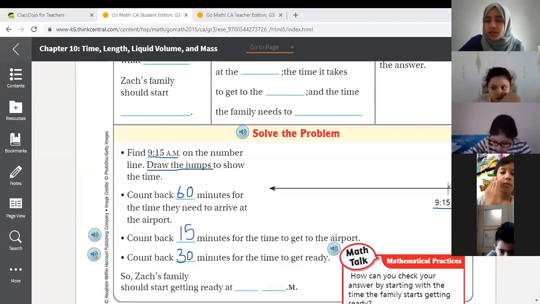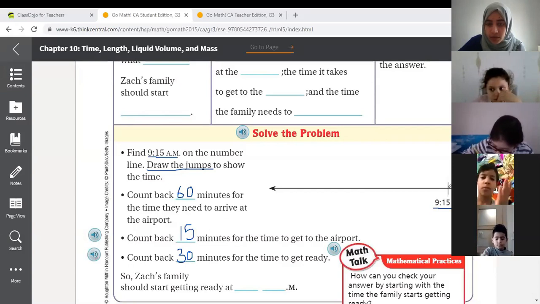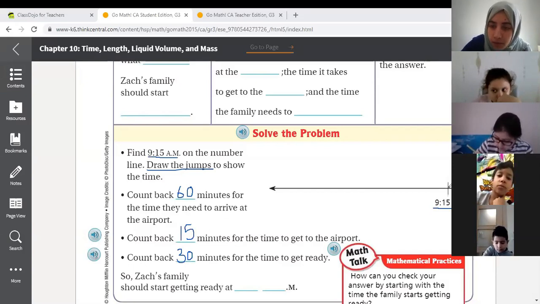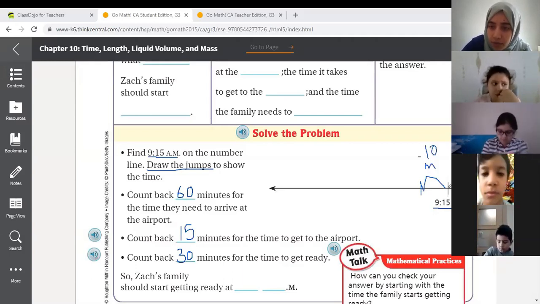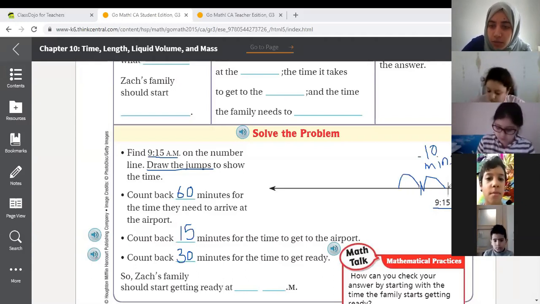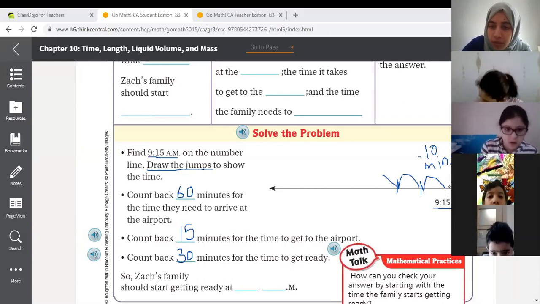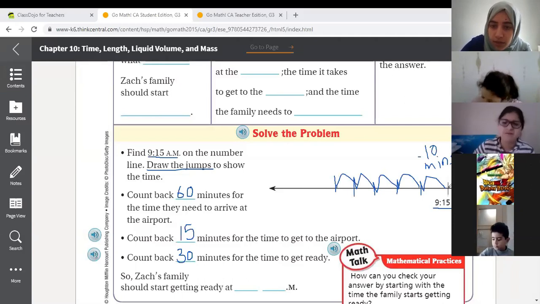So we can start counting back by 10. I'm going to count back by 10, so it's going to be minus 10 minutes. And then keep doing it until it's 60. So 20, 30, 40, 50, 60.